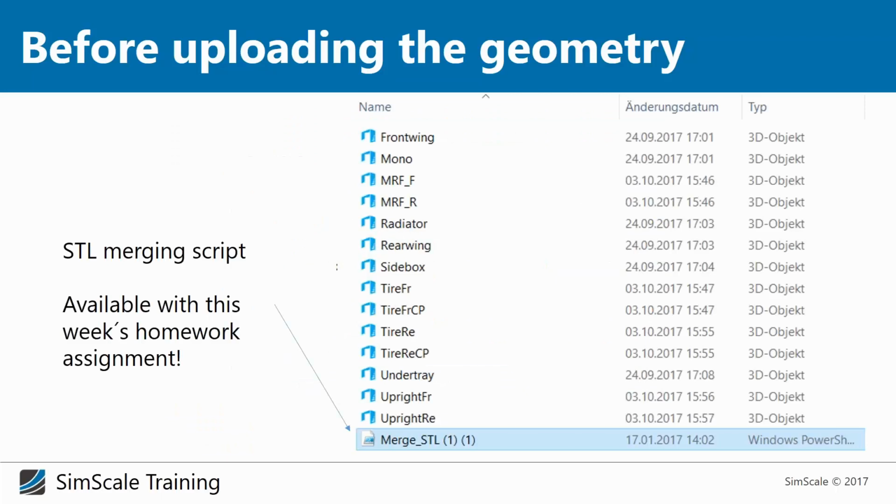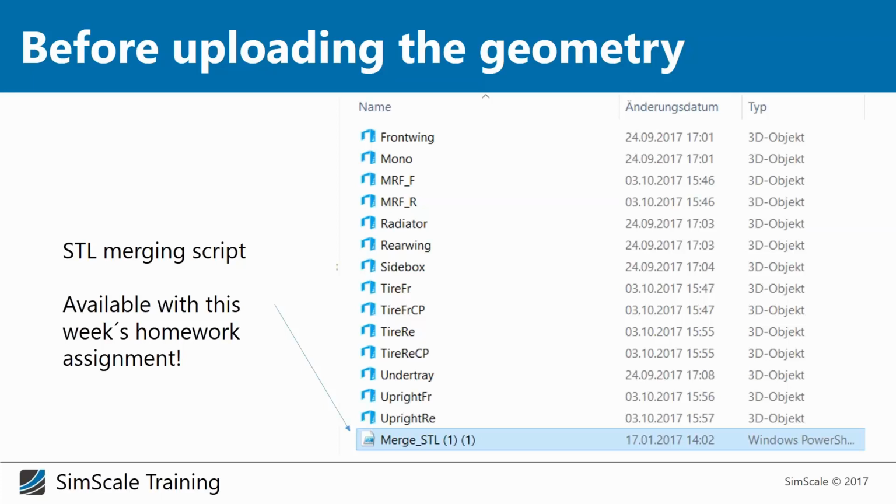So the next thing is, now that we have all the surfaces renamed, we have many different surfaces, but they are not in one file, and therefore SimScale provided us with an STL merging script, which does exactly what its name says.